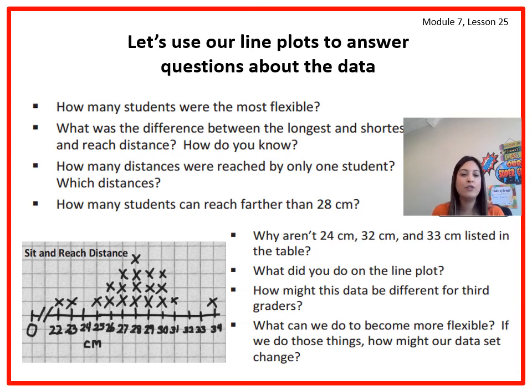There was nobody in 24, there was nobody in 32 and 33, and that's why they're blank, right? Okay. What did you do on the line plot? Did you put all the numbers on there, or did you skip those numbers because there was none on 32 and 33? You still put them. Very good.